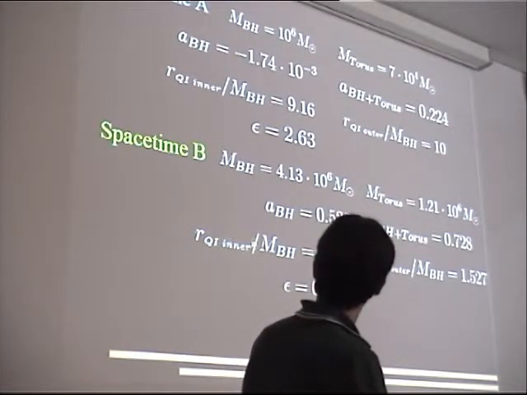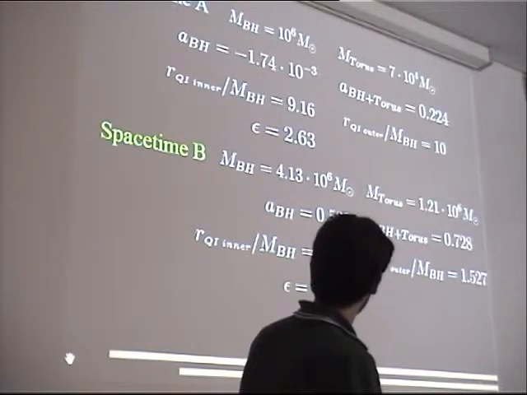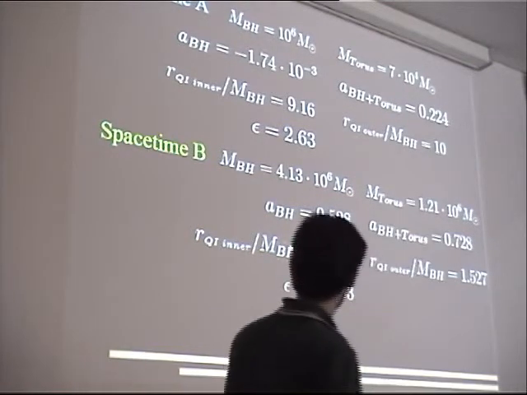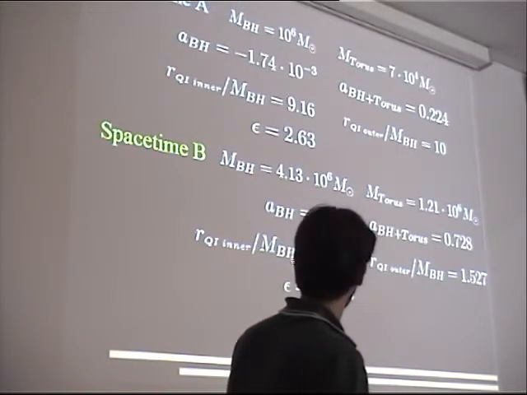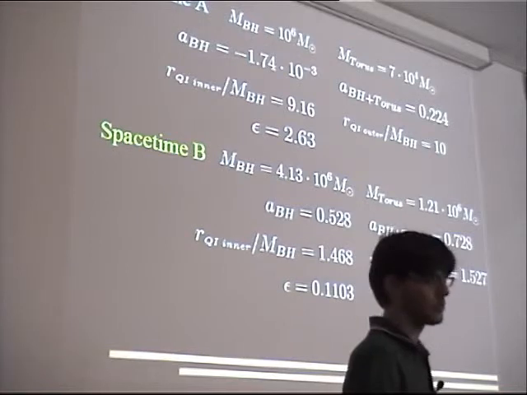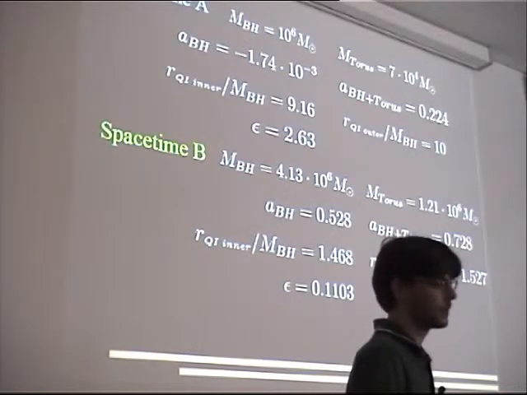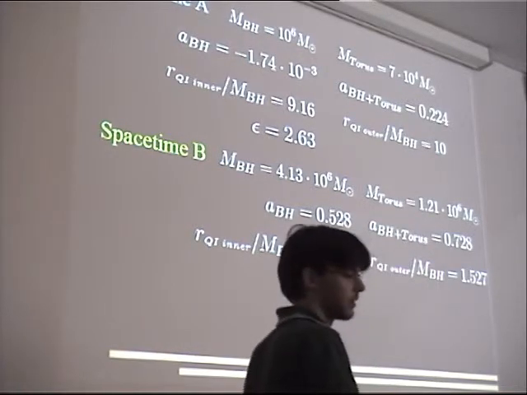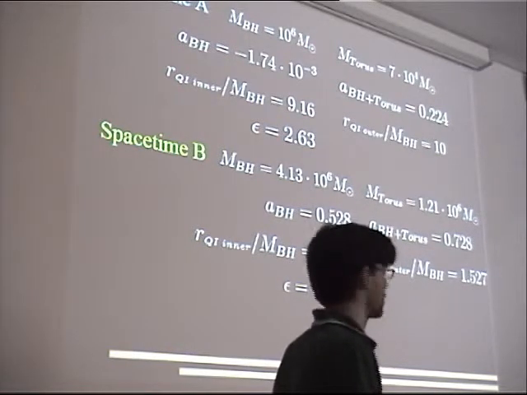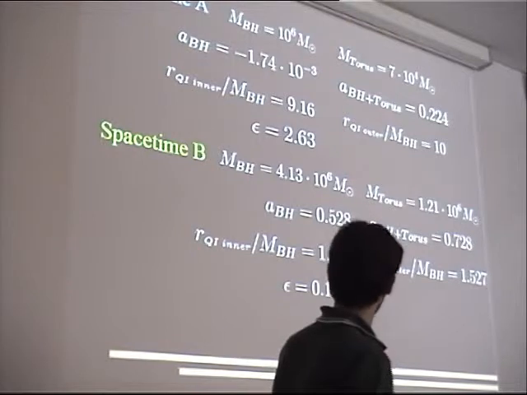In this case, the torus is inside the innermost stable bound orbits, because its inner and outer radii divided by the mass of the black hole are 1.4 and 1.5, more or less. So it's a very massive torus spinning very rapidly, very close to the horizon, and quite restricted in radial extent.